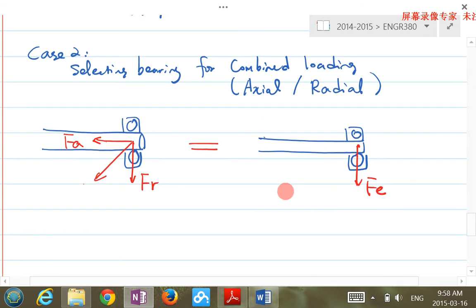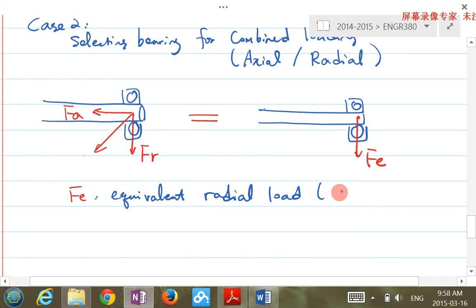So see what I'm saying? So this Fe here is called the equivalent radial load. Okay, so this equivalent radial load essentially will cause the same damage as Fa and Fr.